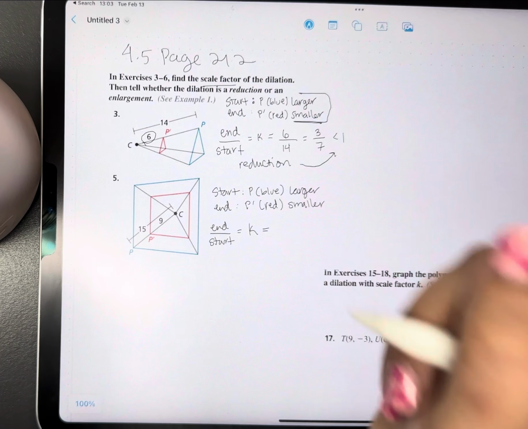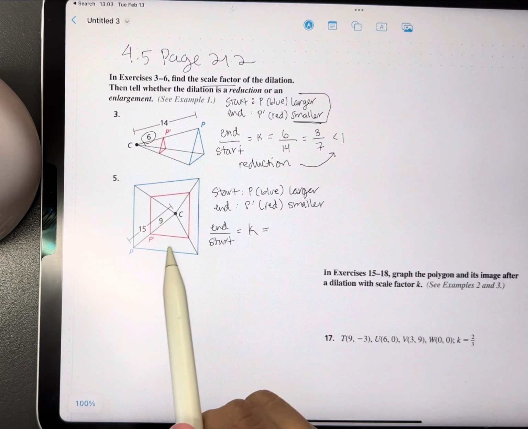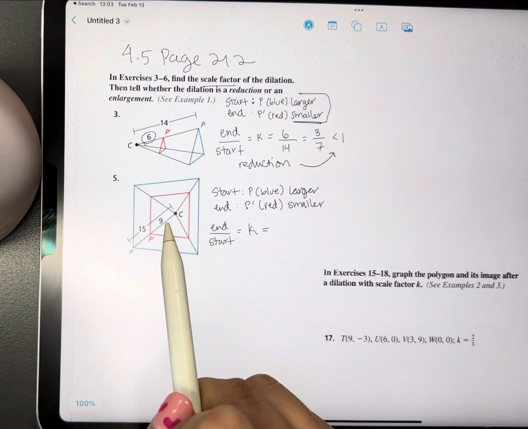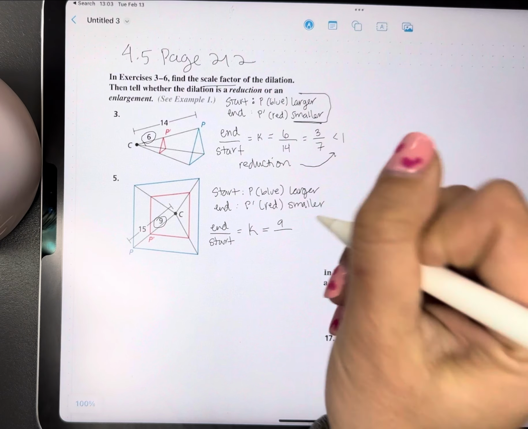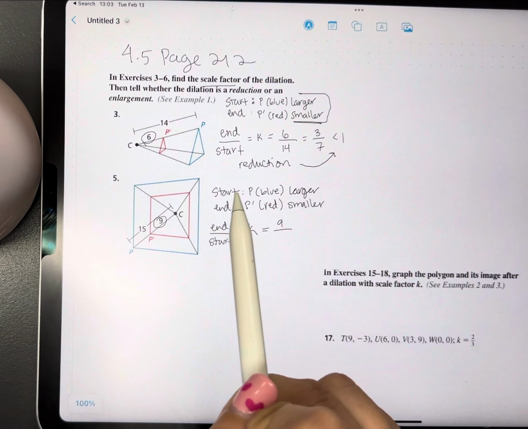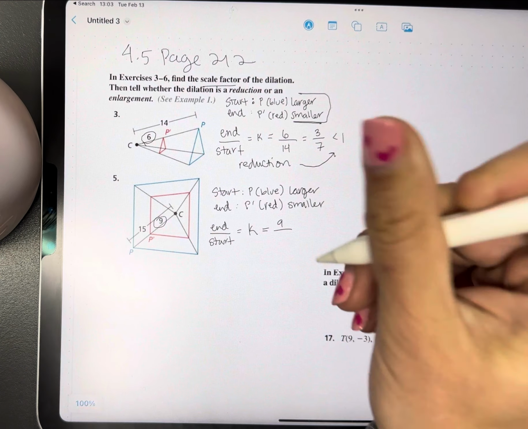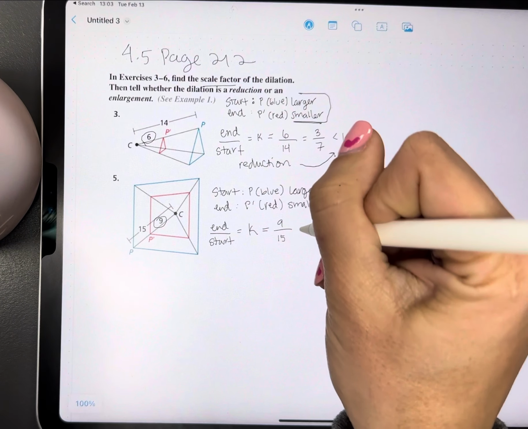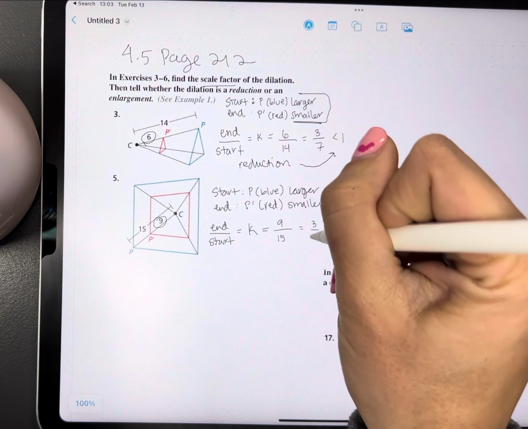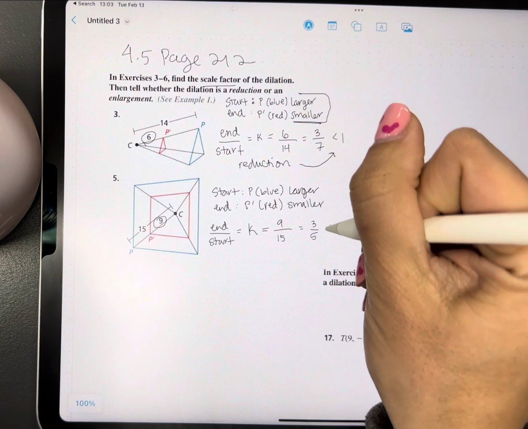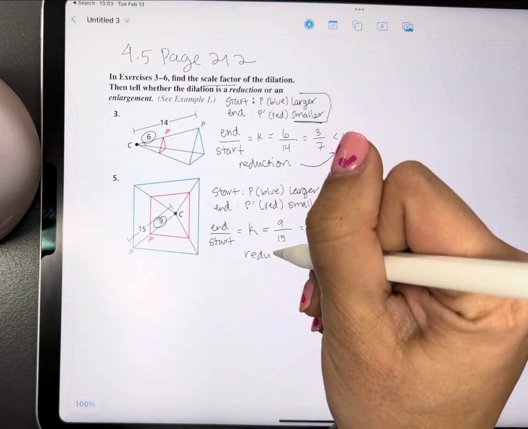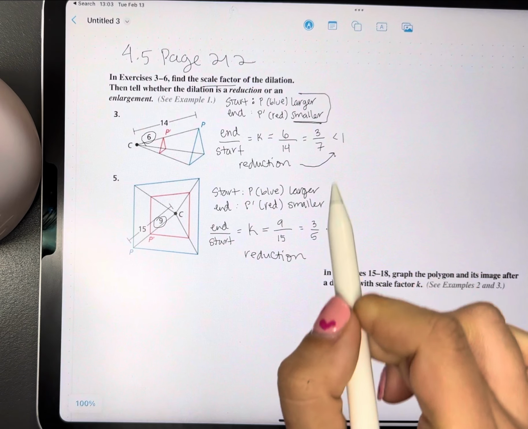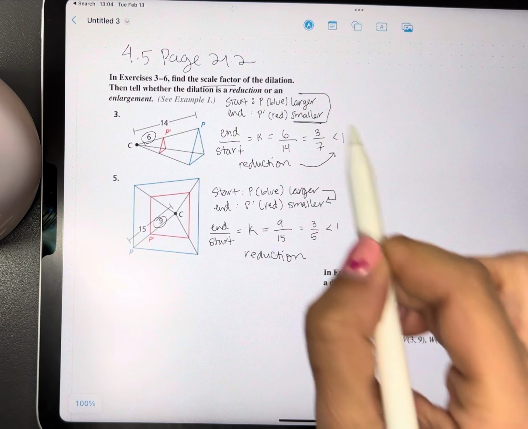So that's K. So ending is the smaller, it's this little 9 right here. And the starting is the larger value, the full 15. And then we get 3/5. This is also less than 1, which is still a reduction, which makes sense because, again, we started larger and then we went to smaller.